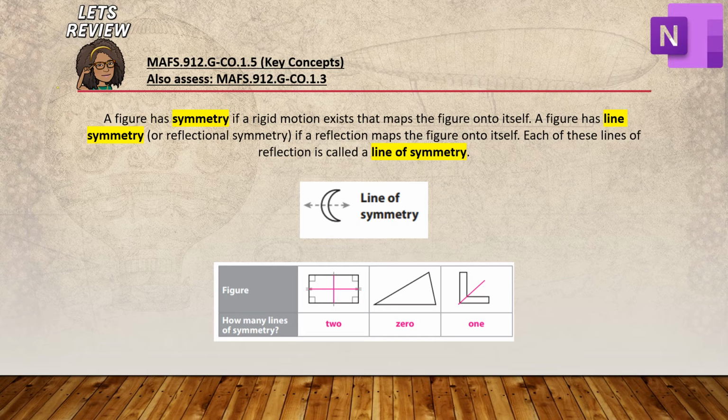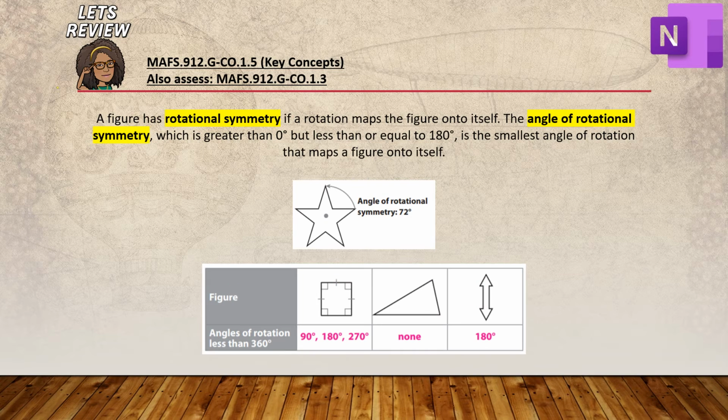And then we also have the concept of rotational symmetry, meaning that if I turn a figure about a point that's in itself between 0 degrees and 360 degrees, it will map onto itself evenly. So go ahead and review these key concepts in your notebook.